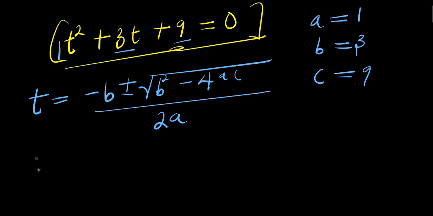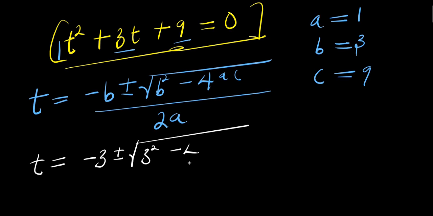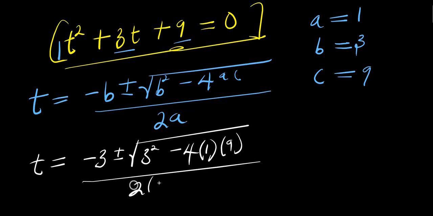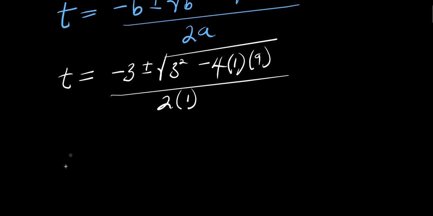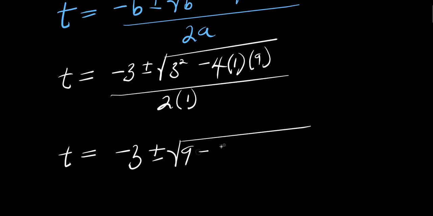So from here, I have t equals negative b, that is negative 3, plus or minus square root of 3 squared minus 4 times 1 times 9, that is 4ac, divided by 2 times 1. So t equals negative 3 plus or minus square root of 9 minus 36, divided by 2.